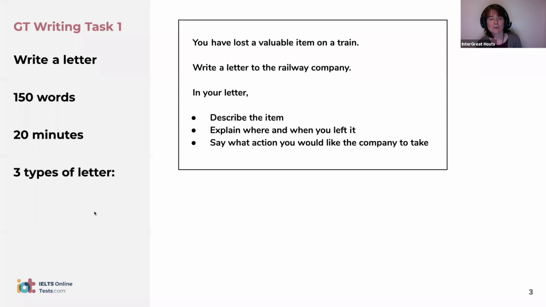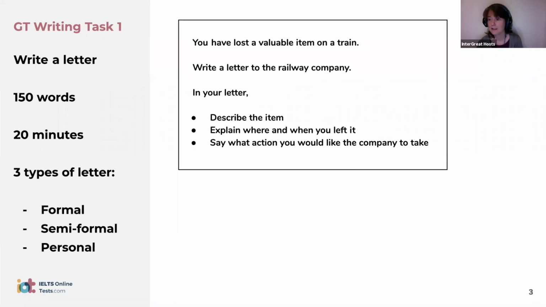So as I said, we have different types of letters in the general training, and those different types of letters require a different style, or a different tone. So we have formal letters, we have semi-formal, and we have personal or informal letters.